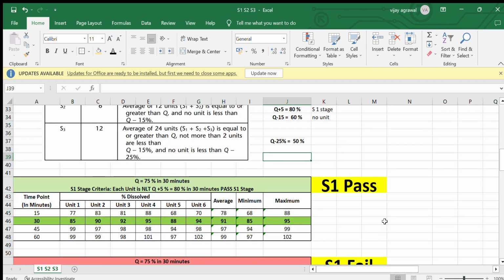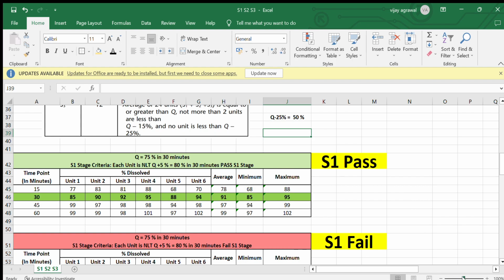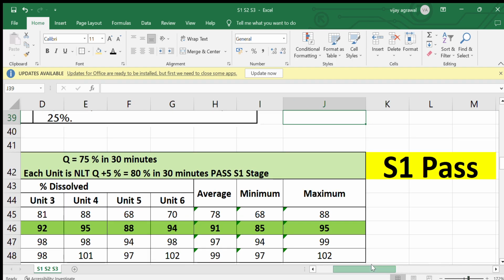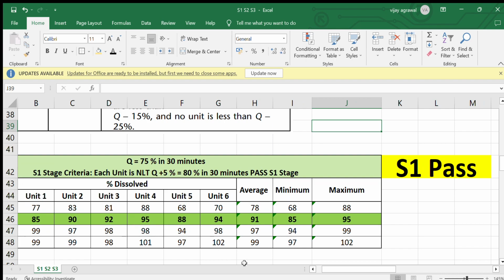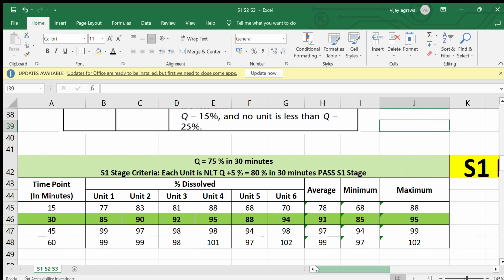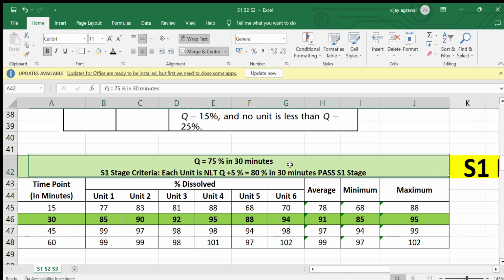You have tested 6 units and now you have data of 6 units: Unit 1, Unit 2 and Unit 3, 4, 5 and 6. So you have tested the dissolution of the test formulation and you got this data.